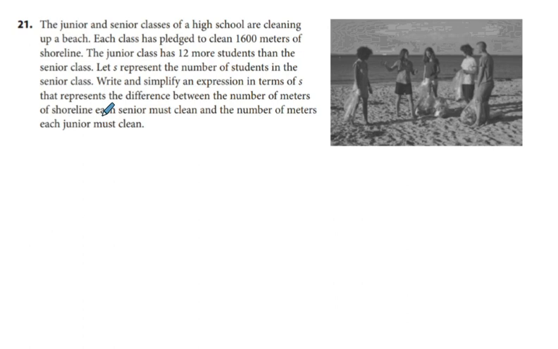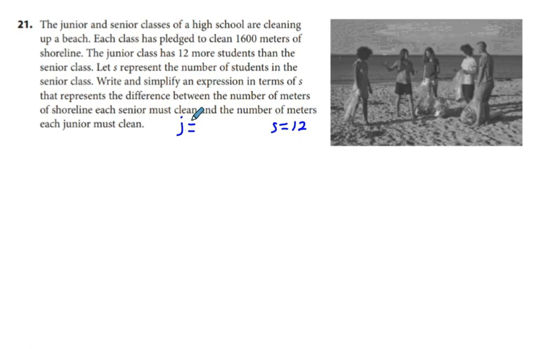So let's look at this. It says S represents the senior class. The junior class has 12 more students.